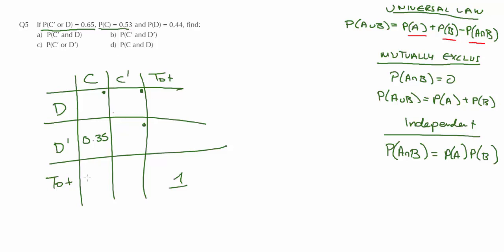Probability of C equals 0.53. So that actually gives me a lot of information. Probability of D is 0.44, which means this is 0.56. And now I can fill this in really quickly as well. So this is 0.18.